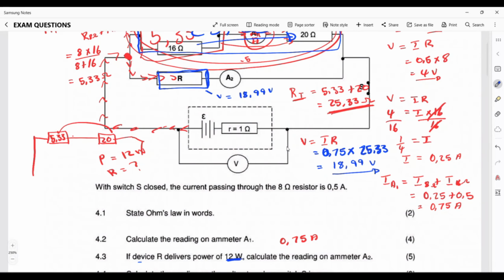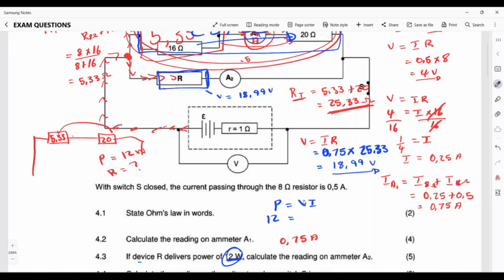It means that, if you remember what I said before, for power, we have a formula which says P equals VI. This is one of the quick formulas that you mostly manipulate. So what is my power? My power is 12 watts. It is given over here, 12 watts.